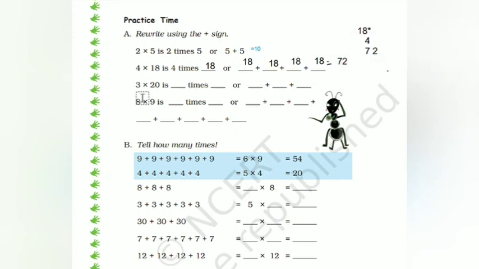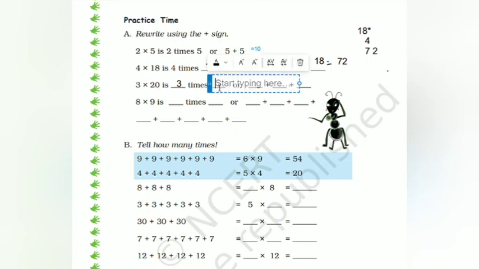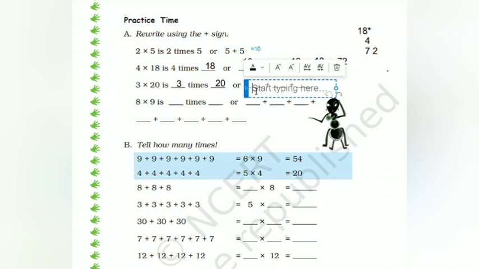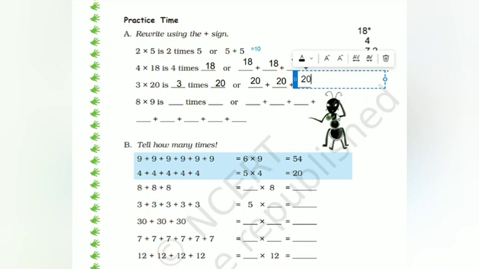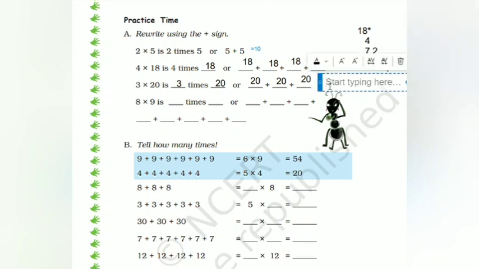Then 3 into 20, that is 3 times 20. 20 has to be written how many times? 3 times. What will be the answer for that? 20 plus 20 plus 20. 3 times 0 means the answer is 0.